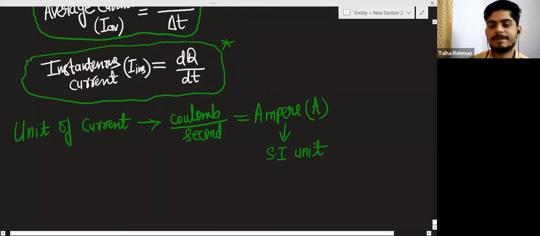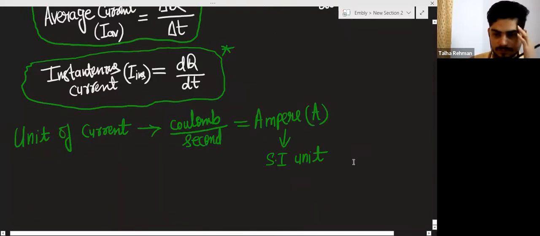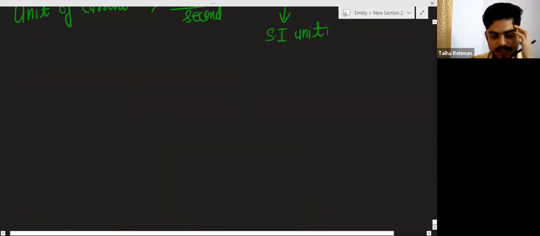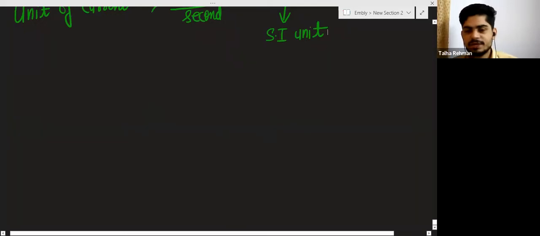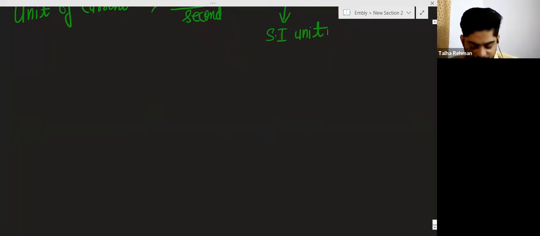Now we know that there are two types of quantities. We have studied in 11th class. If you know, then it is good. If you don't know, then I am telling you. There are two types of quantities: scalar quantities and vector quantities.